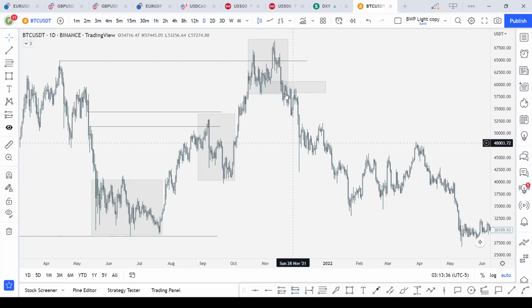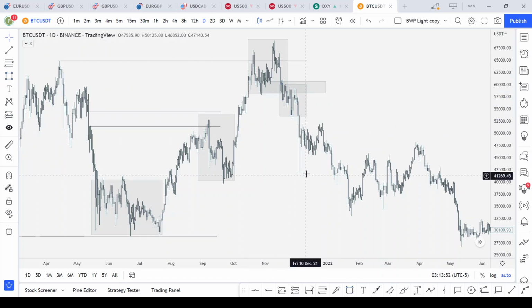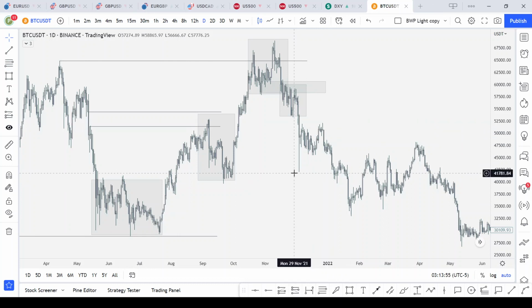Usually there will be a little bit of accumulation, sometimes just a return and then a drop away. Okay, so this is your low risk sell, and then after that there will be another layer of accumulation. Most of the time price would form a short term high and then sweep the short term high.